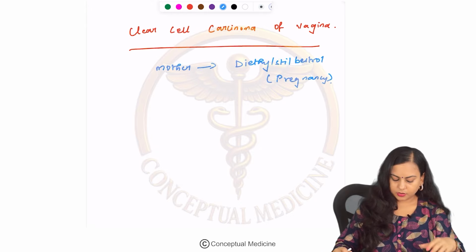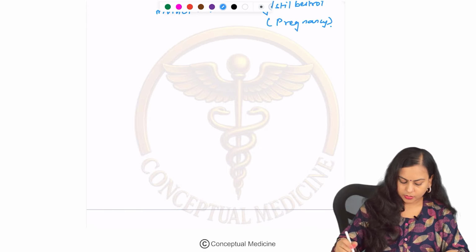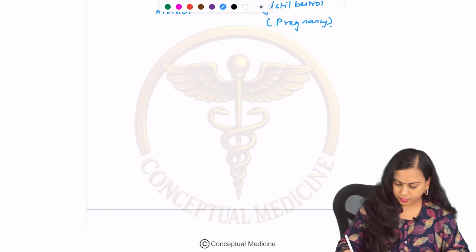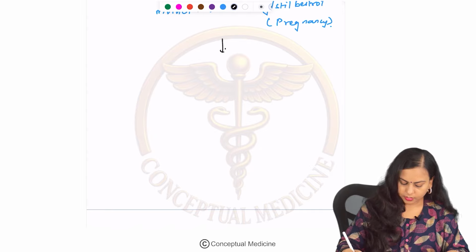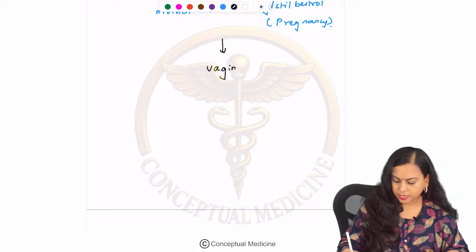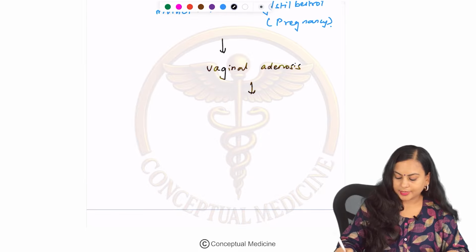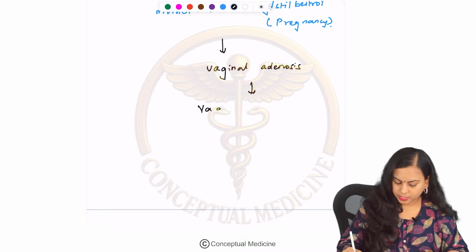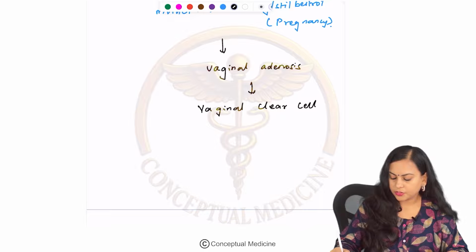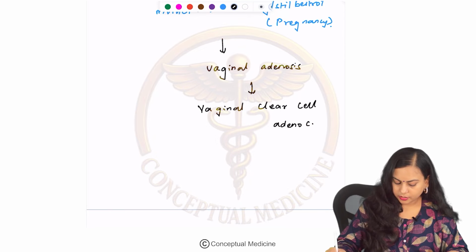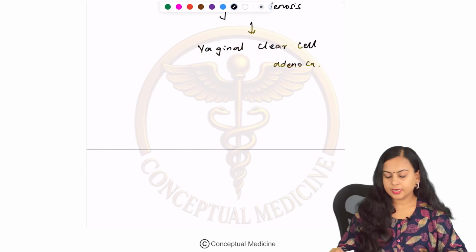That is very important. So what happens is there will be vaginal adenosis for the kid at birth and that will develop into vaginal clear cell adenocarcinoma during her adolescence. Clear?